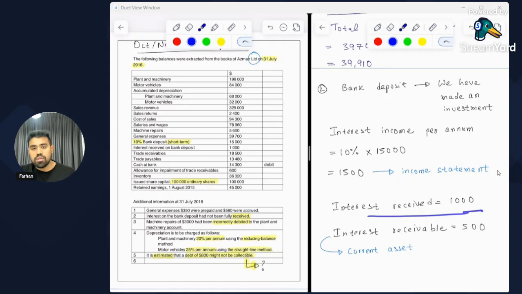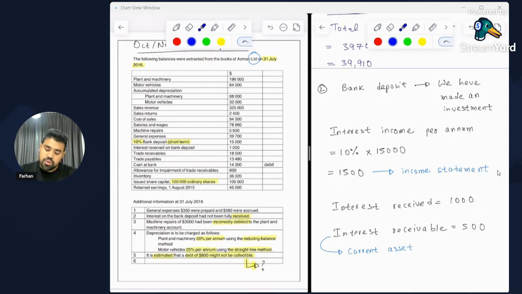But you know the total amount in interest that you can earn during the whole year is $1,500, which we have calculated by multiplying 10% on our investment amount of $15,000, right? So if the interest that we have received in cash is $1,000, and the interest income based on our calculations is $1,500, this means that we still expect $500 more in interest income, right?